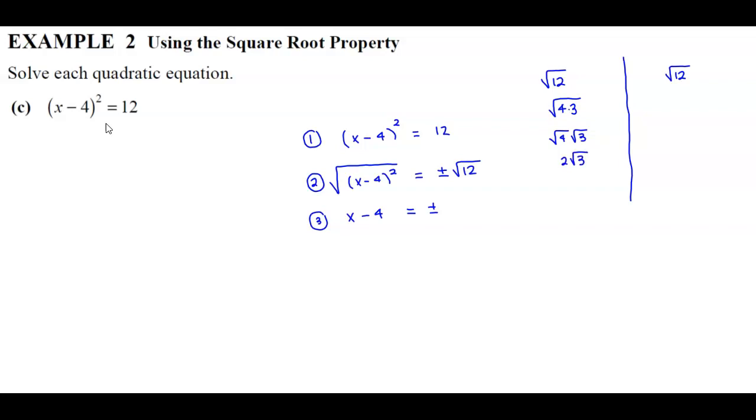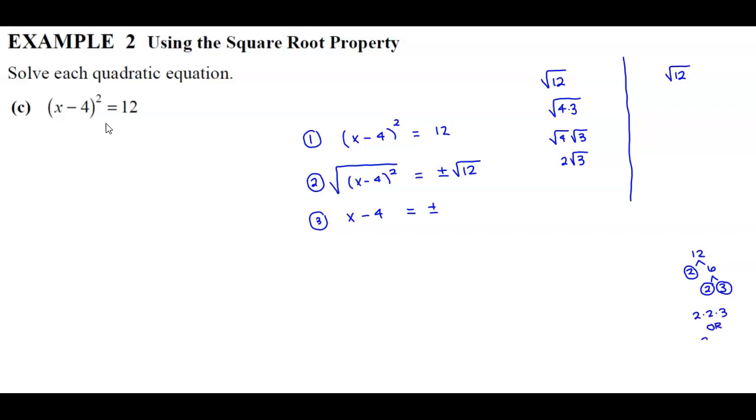Okay. Another way is to write the prime factorization of 12. The prime factorization of 12 is finding the factors of 12. So we know that 2 times 6 gives us 12. We know that 6 is not a prime number. We can still break down 6 to be 2 times 3. And so therefore, this is actually 2 times 2 times 3.